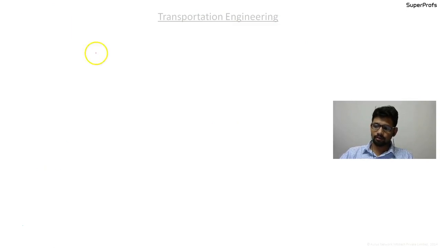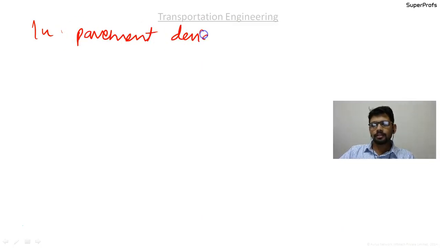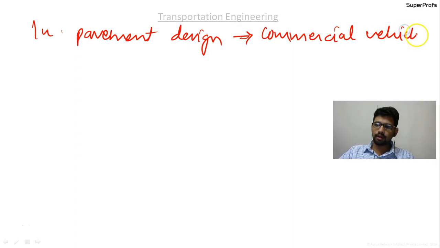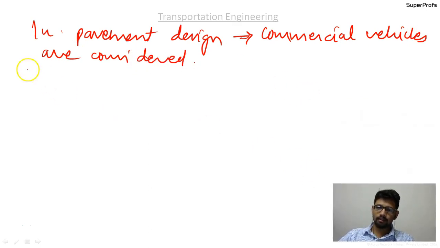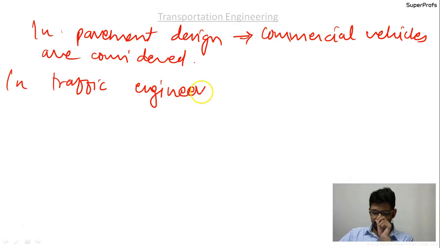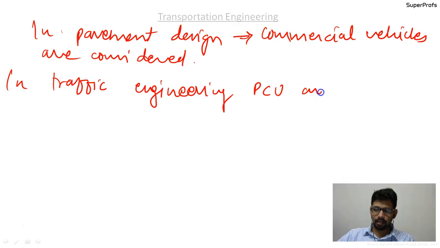Please write down that in pavement design, commercial vehicles are considered, and in traffic engineering, PCU, passenger car units, are considered.